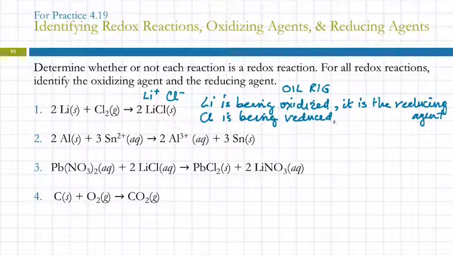So chlorine is being reduced. Thus, it is the oxidizing agent. So you could think of this as being a movie agent, an oxidizing agent. It's arranging for something else to be oxidized.